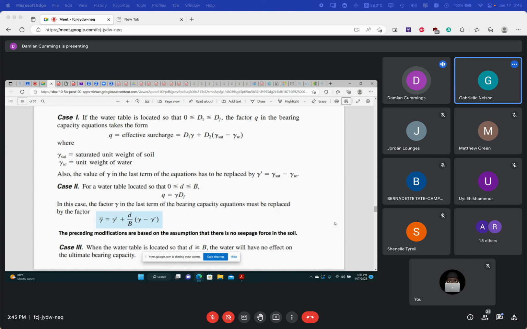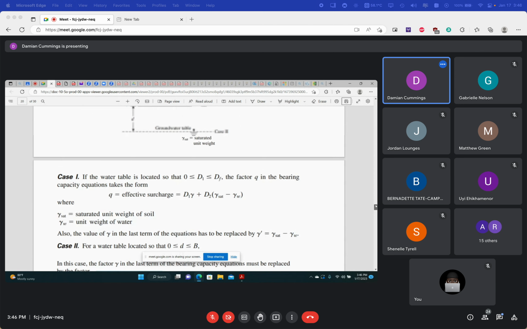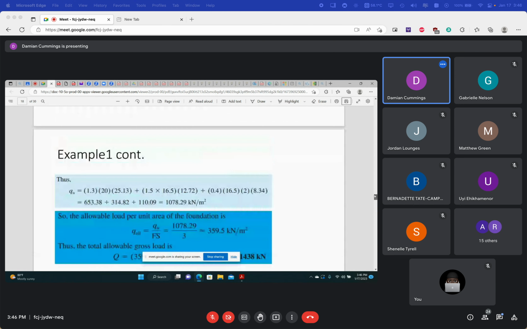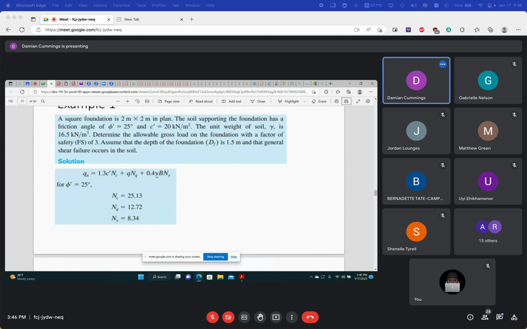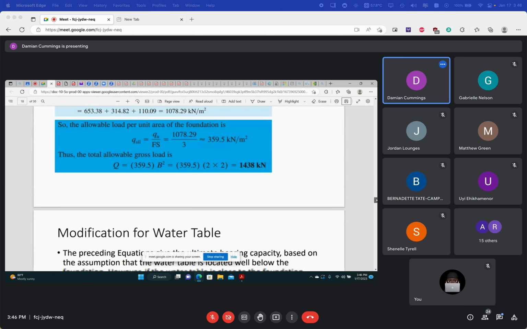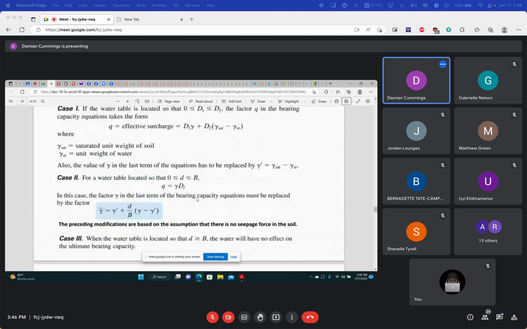No, let me show you. Let me go back to the equation, right? This gamma in the last term, this gamma, becomes this.